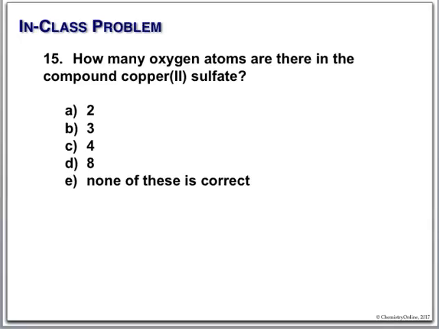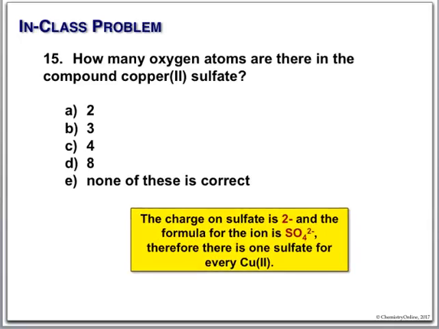Sulfate. Again, that's a polyatomic. We've memorized our basic family of polyatomics. And we know that sulfate is SO4 with 2 negative charges. So what we have here is a sulfate with a -2 and a copper with a +2. So you only need one of each, don't you?